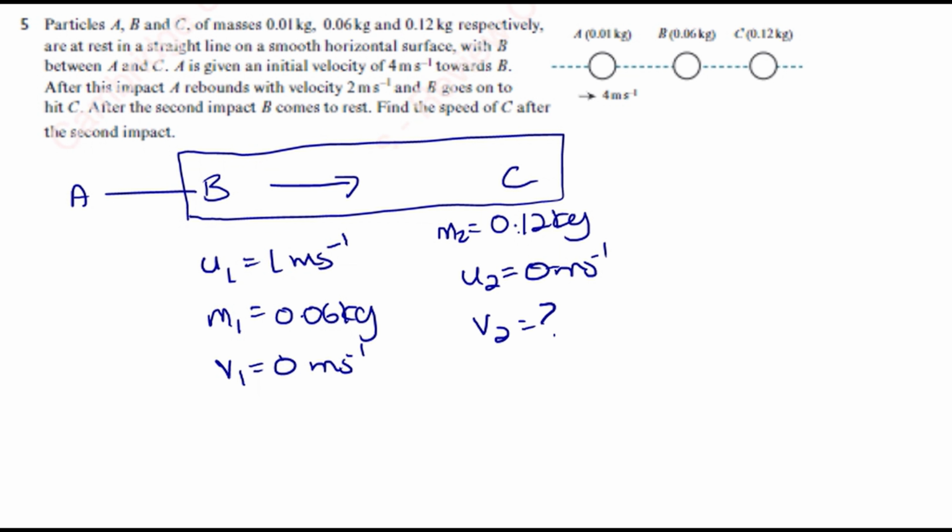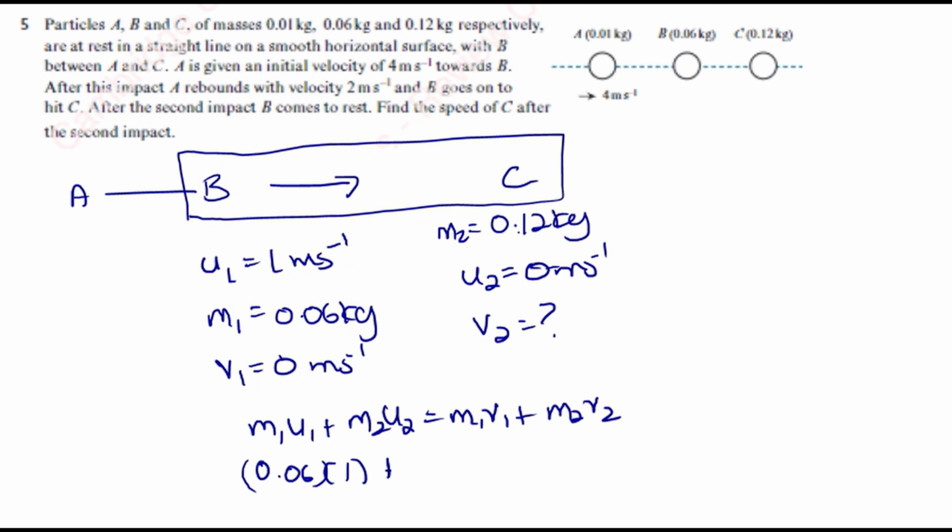We're looking for V2. So M1U1 plus M2U2 equals M1V1 plus M2V2. So 0.06 times 1 plus initially C is at rest, so that's going to be initial momentum is 0. M1V1 is 0.06 times 0 because it came to rest.